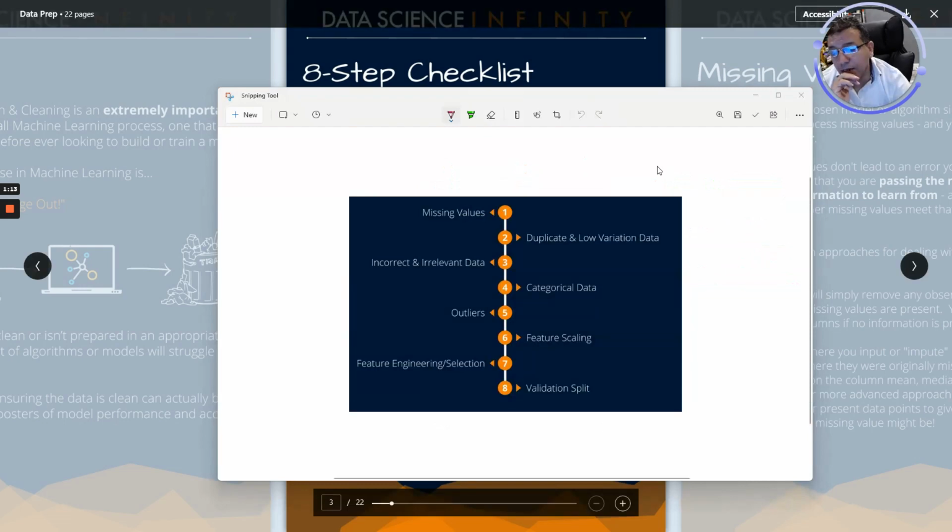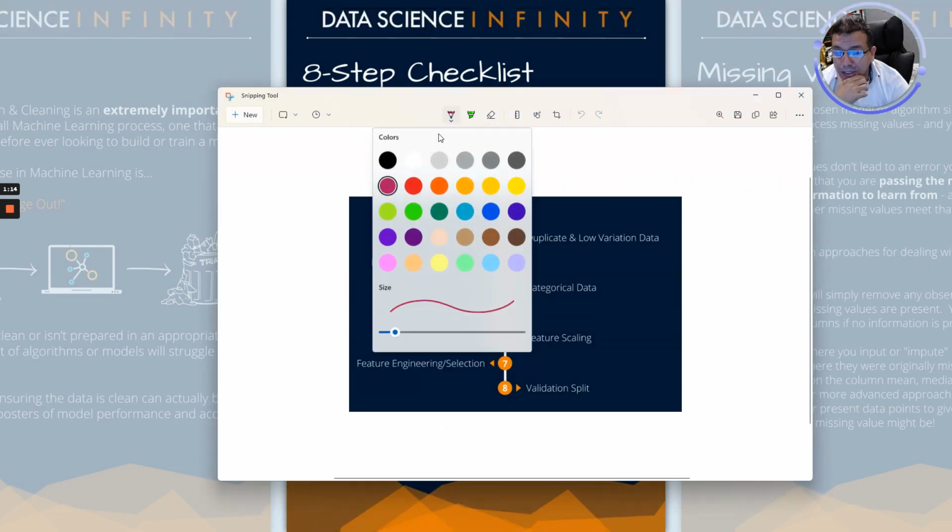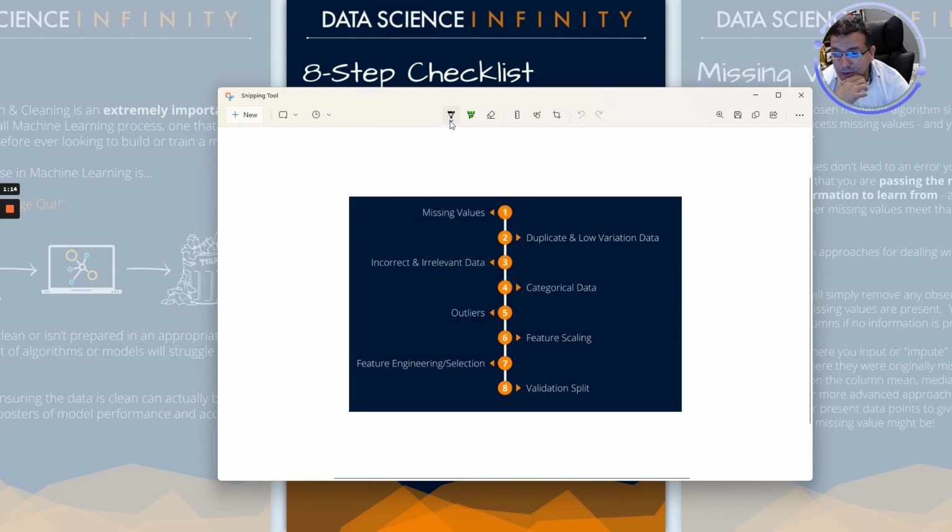Incorrect or irrelevant data, like the one that we just had. We got Morocco and we got age. Morocco is not related to insurance, so we are simply going to remove Morocco, with or without any correlation. When we looked into the features, we saw that there is a feature that is not related.